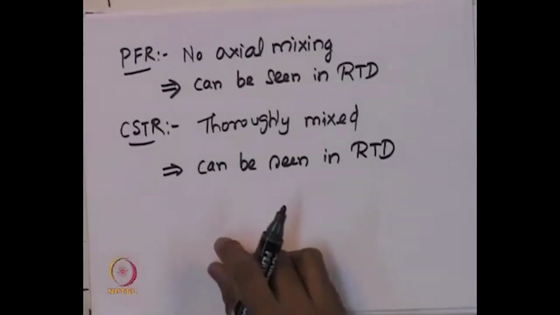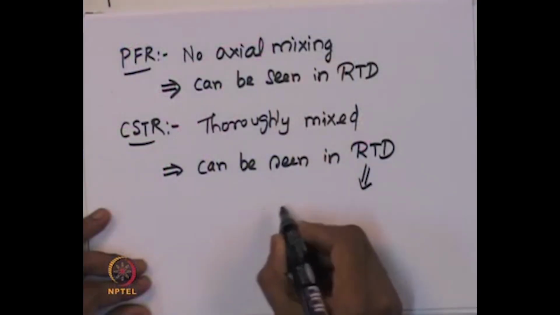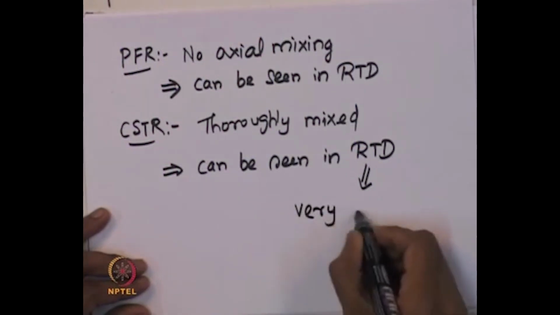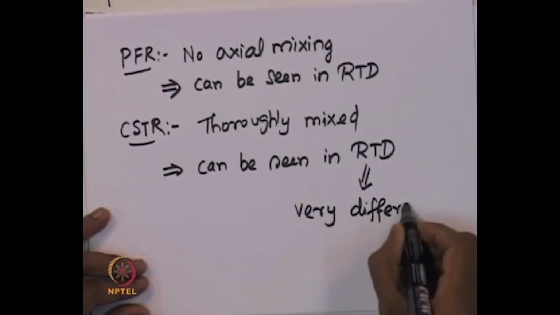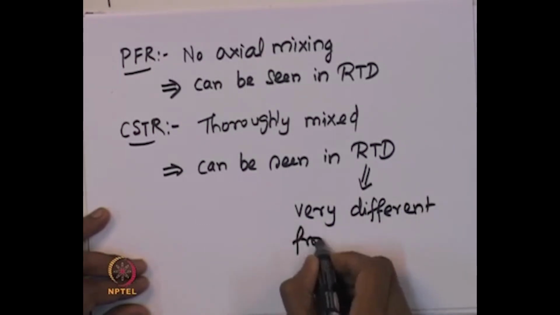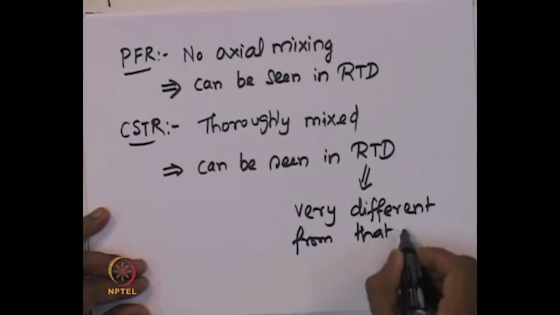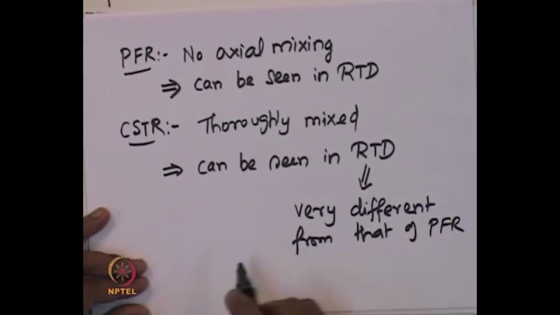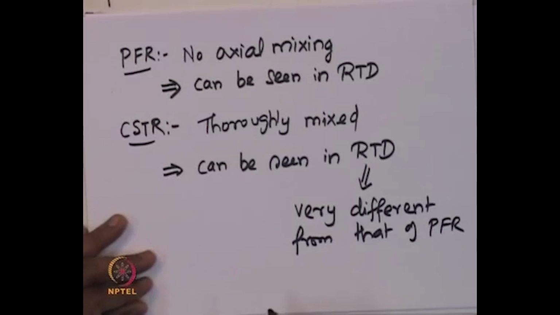We will see in a future lecture that the residence time distribution observed for a CSTR is very different from that of a plug flow reactor. At this point one also needs to know that not all residence time distributions are unique to the reactor type.